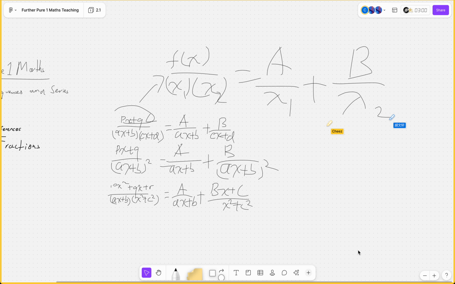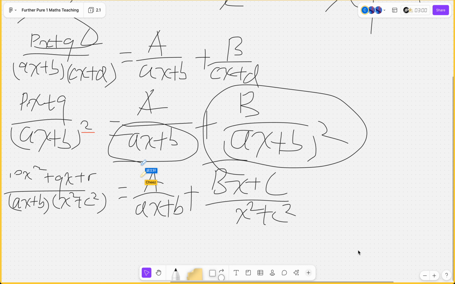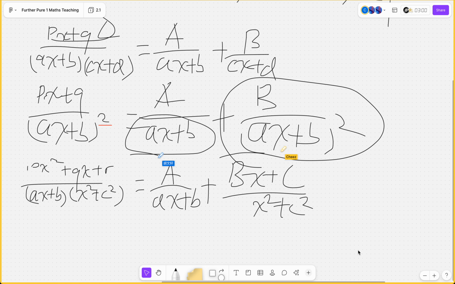And the next one, a linear expression over a quadratic expression. Basically you take the quadratic and then you have a linear, and they still have non-variable numerators. So the numerators for the first two cases should not include any variable.